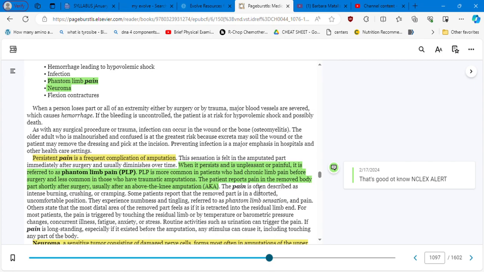The patient reports pain in the removed body part shortly after surgery, usually after an above the knee amputation.